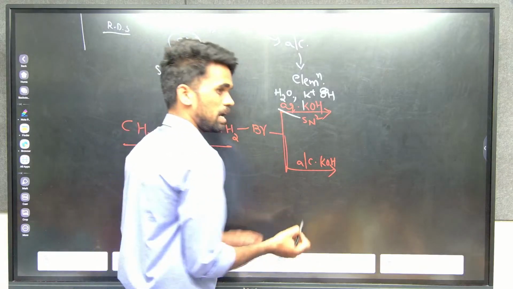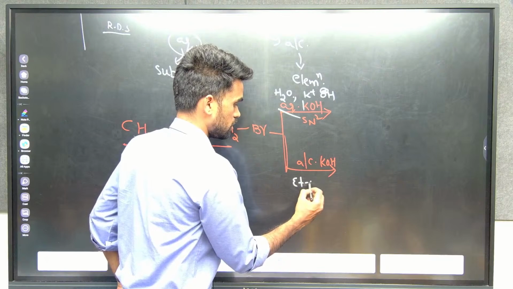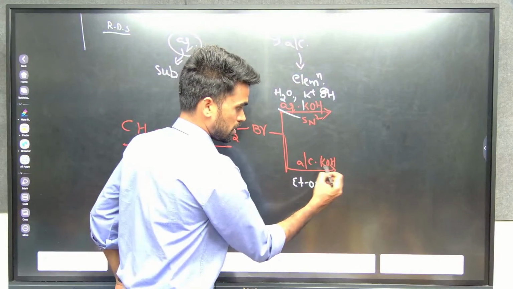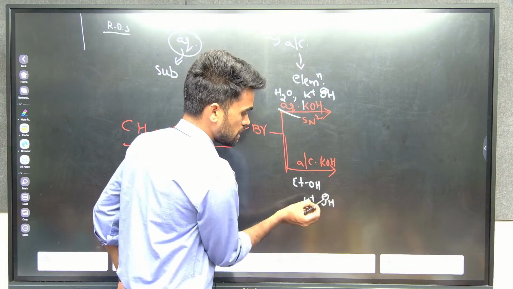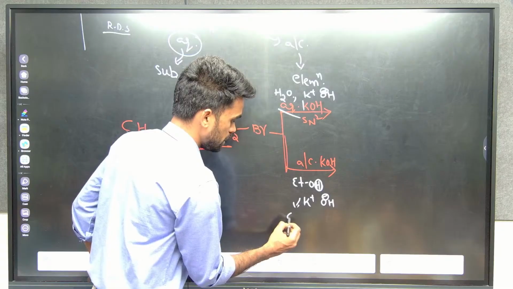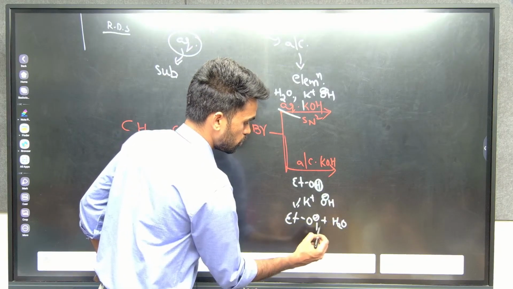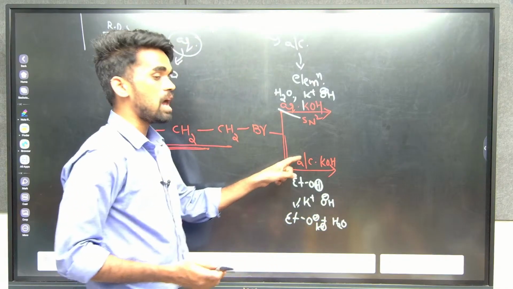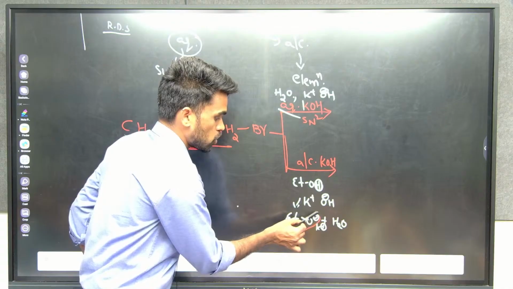Next, here alcoholic KOH I am saying. Alcoholic means, let us say you take ethanol, ethyl alcohol, and what other thing we have? K plus OH minus. So this OH minus ion will take this proton. What happens now? Ethoxide ion plus H2O, potassium. When I say alcoholic KOH, my base is ethoxide ion.